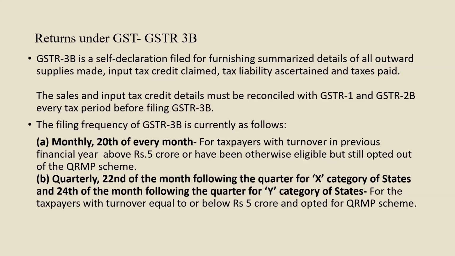If you don't opt for the IFF, that is when the input tax credit will be possible for a QRMP supplier. But for a normal supplier, this will be available on the 14th, and your net tax liability has to be paid along with 3B on the 20th of every month.